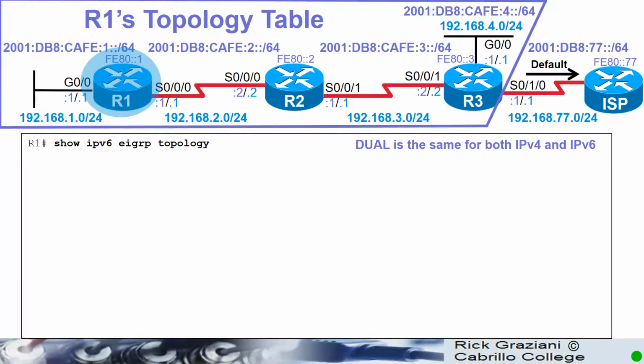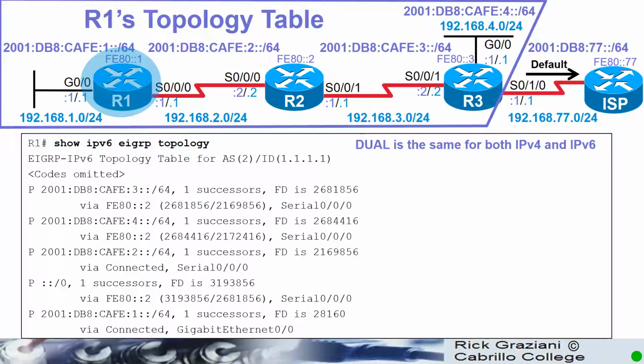So if we're doing a topology table, you can see, again, all of the appropriate routes, and typically the appropriate feasible successors. You should see the successors, and occasionally you'll see a feasible successor. FD, feasible distance.